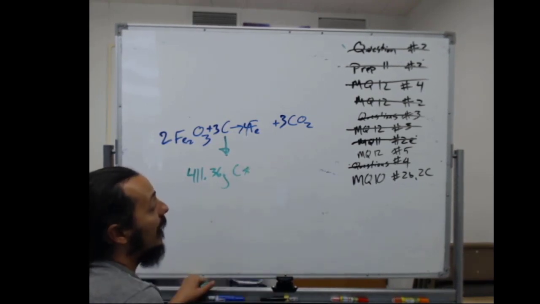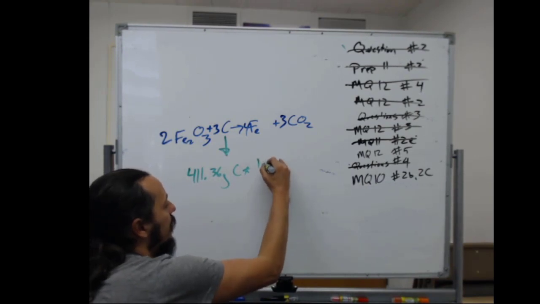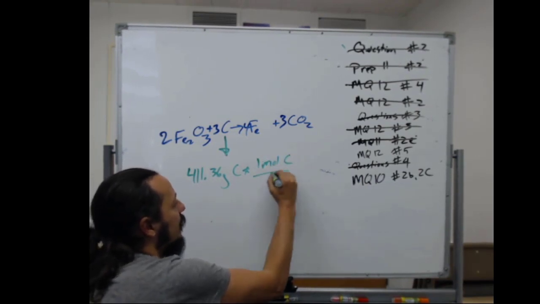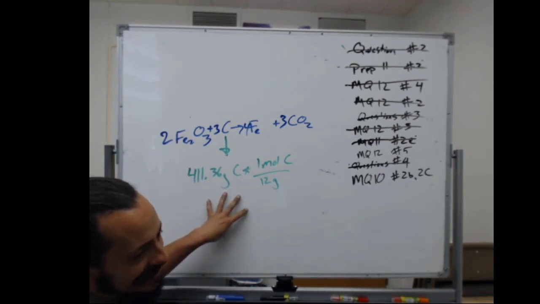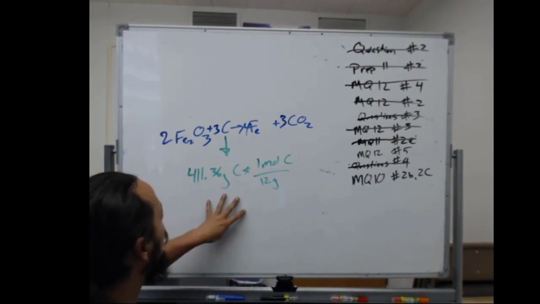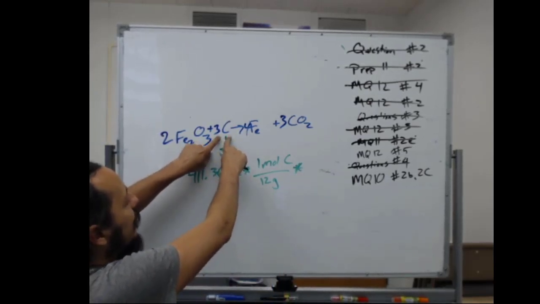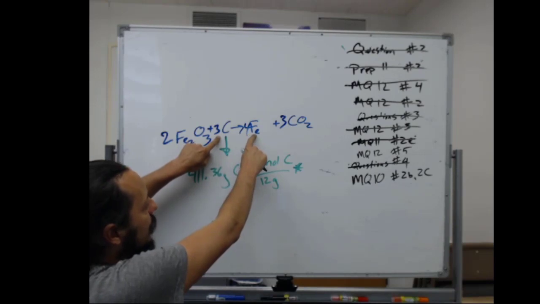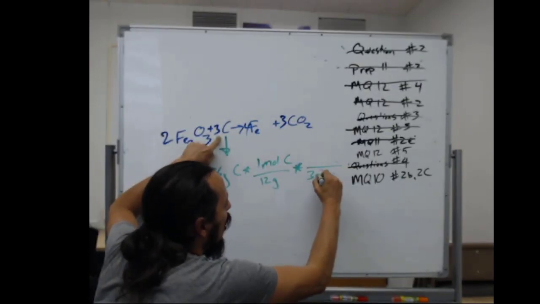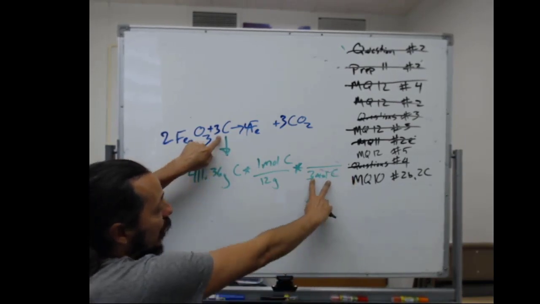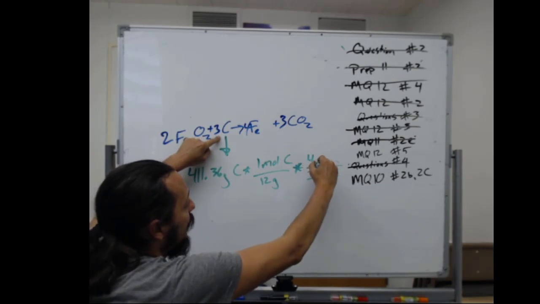I'm going to multiply by the molecular weight because I need it in moles of carbon. That's 1 mole of carbon is 12 grams. That will get me to moles of carbon, and it's asking for moles of iron produced. I can see from this chemical reaction that for every 3 moles of carbon, there's going to be 4 moles of iron. So for every 3 moles of carbon, and I'm putting moles of carbon on bottom so that it'll cancel my moles of carbon, I'm going to get 4 moles of iron.